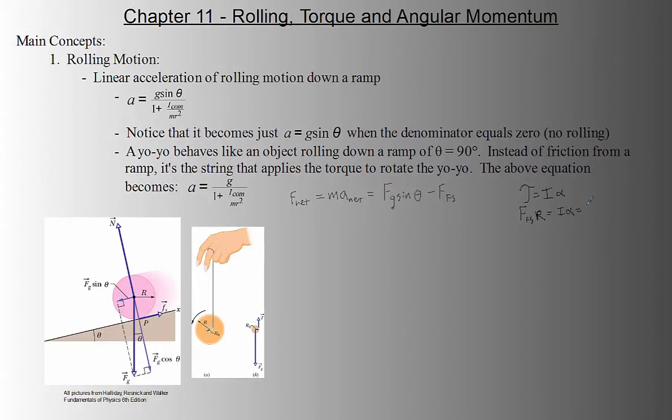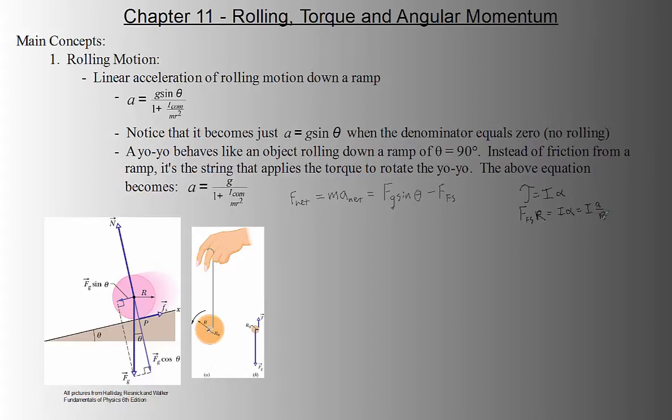But alpha, remember, is the linear acceleration divided by the radius, and the radius is capital again.